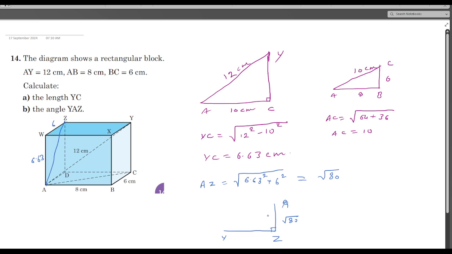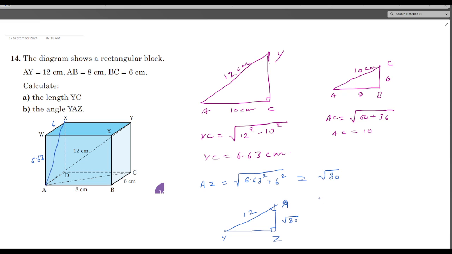And AY length is already given. It is given 12 centimeter is AY. Now I have to find out angle YAZ. So for this angle, adjacent and hypotenuse are in relation.